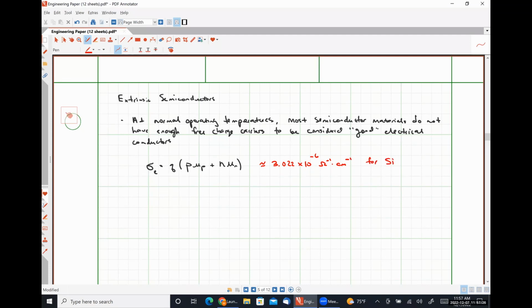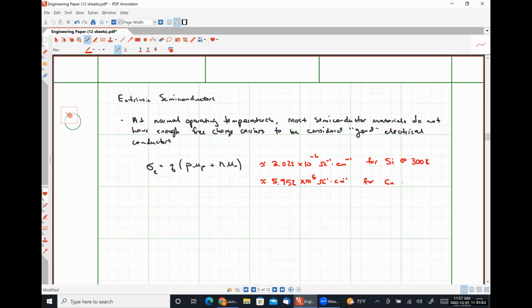So this is for intrinsic silicon at 300K. For copper at the same temperature, this is going to be about 5.952 times 10 to the positive 5 per ohm per centimeter.